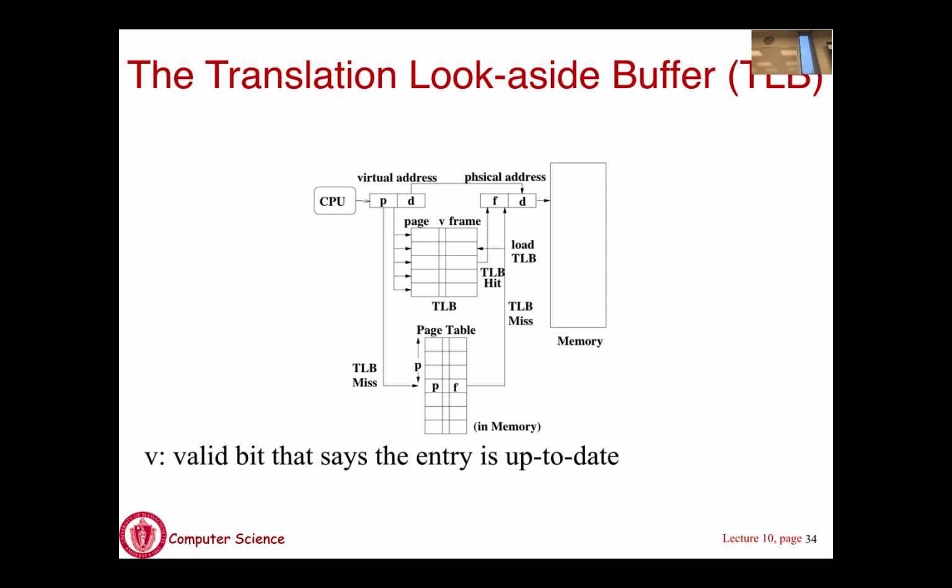Remember I said 2 or 3 classes ago that there's a process table that stores everything that the OS needs to know. One of the things it needs to know is where the page table is stored. So the address of the page table is stored in the process table. If you know the process ID, you go to the process table and look up the entry that has a pointer to the page table.